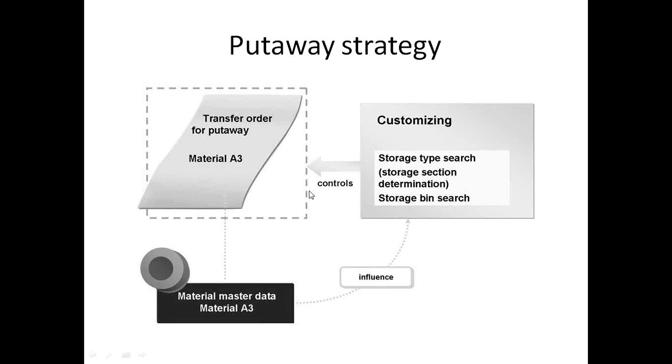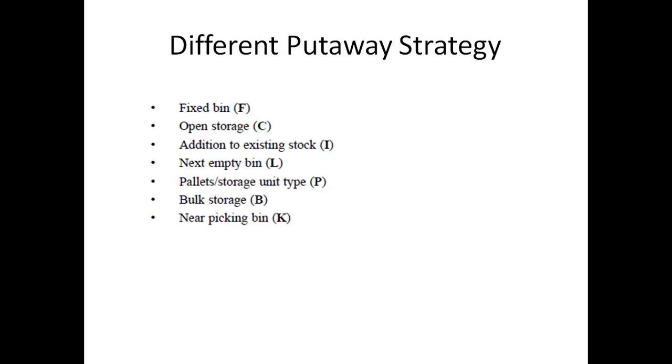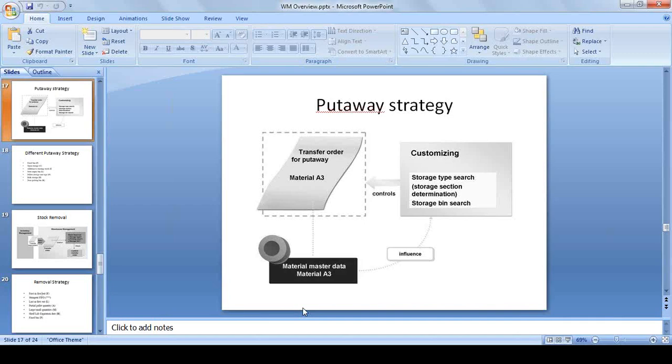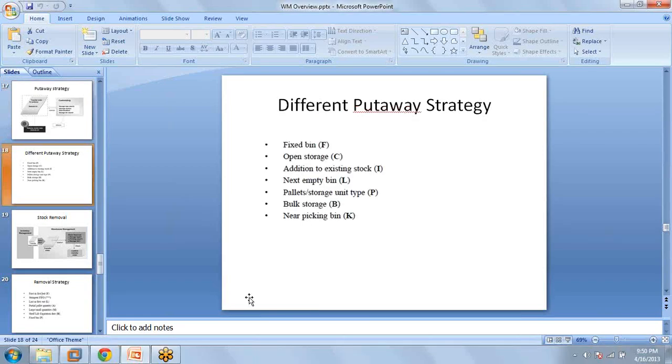That storage section we maintain in the material master. By referring to these, we search for a storage section. Then finally it searches for a storage bin, and depending on the strategy we have used, it will post accordingly. You followed me? Enterprise structure and search strategies will be completed tomorrow.